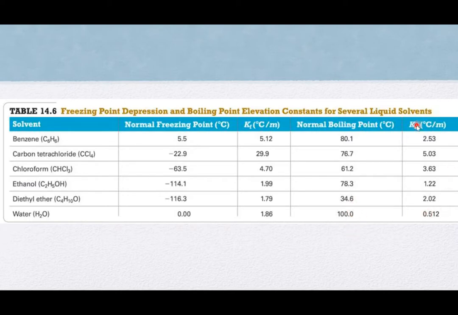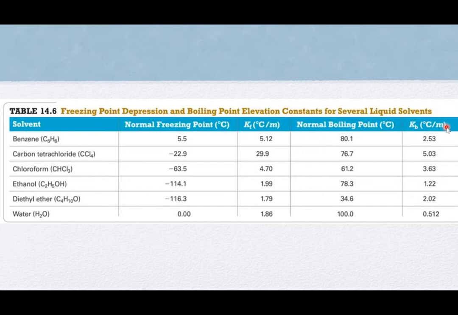And then the boiling point elevation constant is 0.512. And again, the units are the same, degrees Celsius over molality. Okay. All right, so let's just do a quick example to show you how this is going to work.